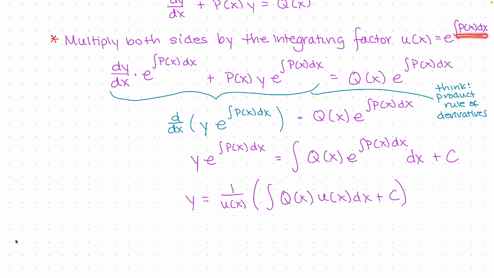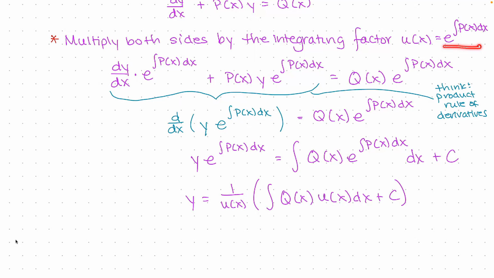Well, we know that the integral of 1 over x is the natural log of the absolute value of x. So this would be e to the power of the natural log of the absolute value of x. But then the e and the natural log cancel out, so it ends up just being the absolute value of x. Are you following me so far?